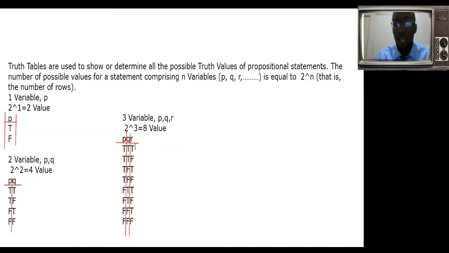All 3 of them can be true, or the first 2 are true and the third one is false, or the first and the third are true but the second is false, and so forth. And so we've deduced that the formula for n variables is 2 to the n possibilities. And so we use a truth table to determine the truthfulness of statements, and the truth table never lies.